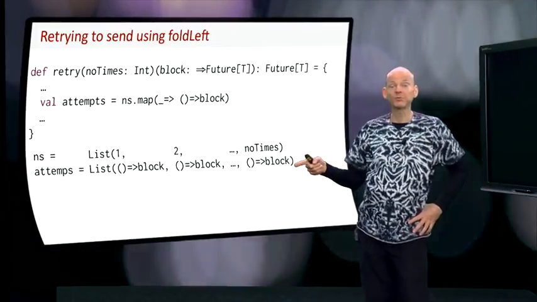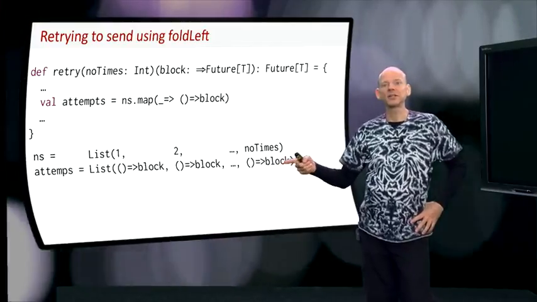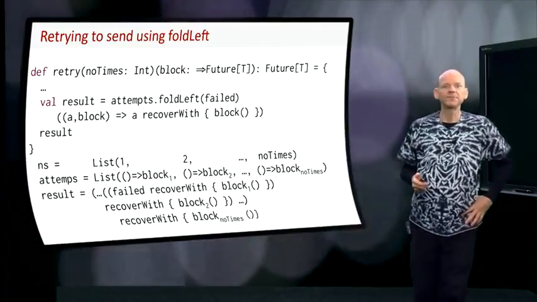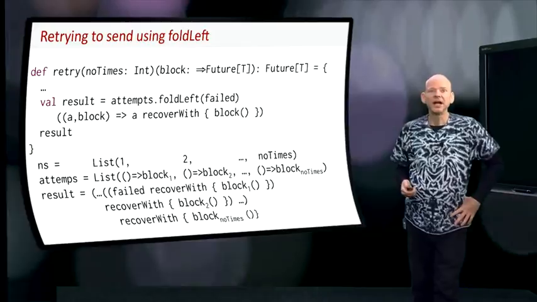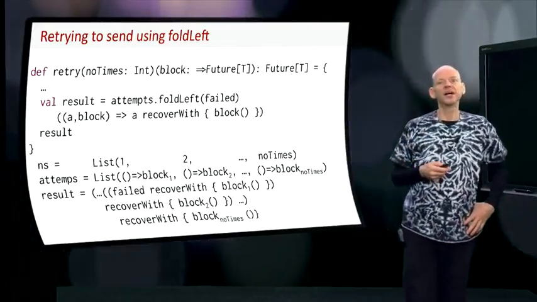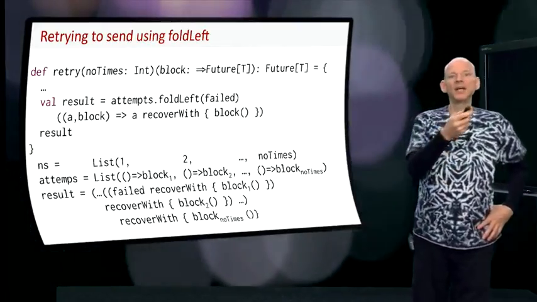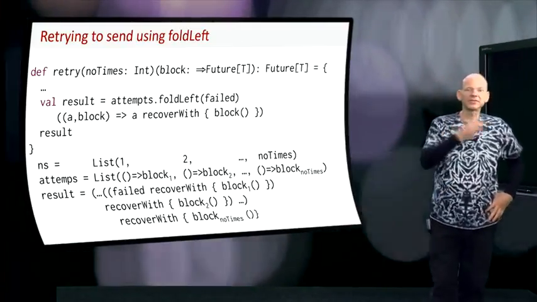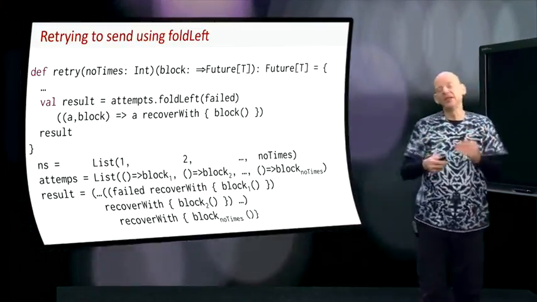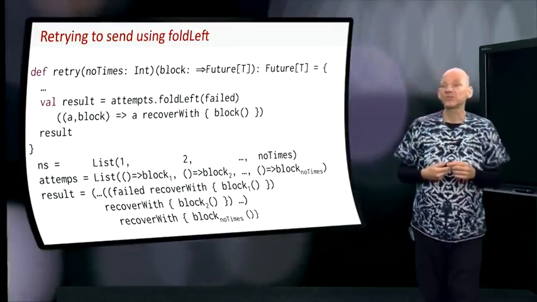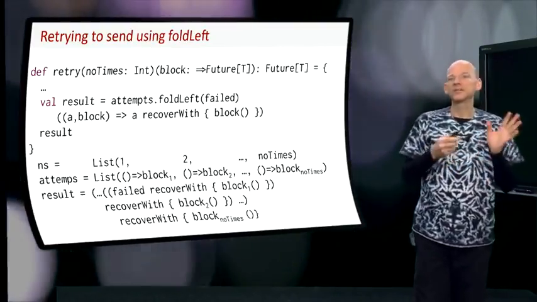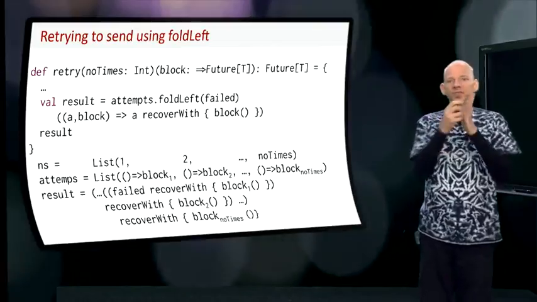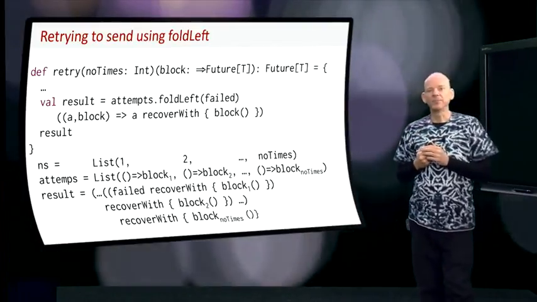So we build this little thunk that hides the block. Now we fold left, and by doing a little bit of substitution, it should be clear that the result of this function is exactly what we want.